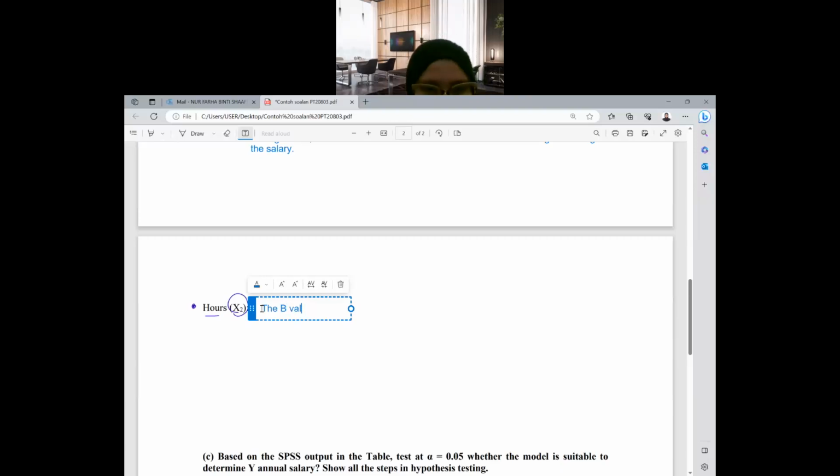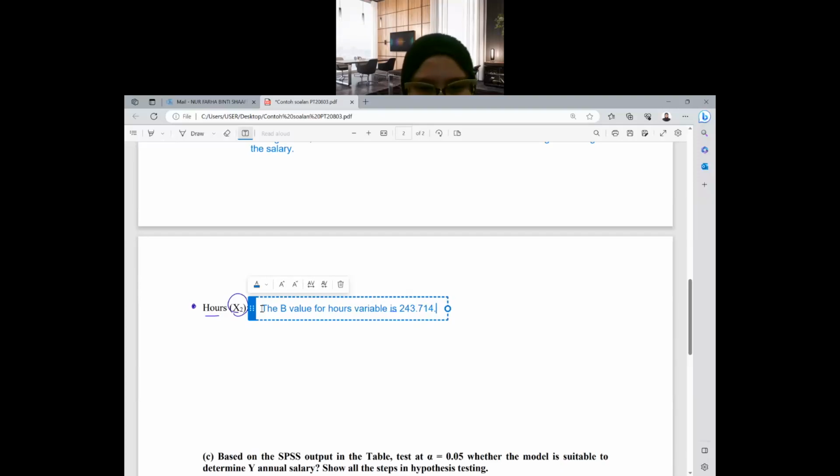B is beta. I cannot do the symbol for beta here. The B value for hours variable is 243.714, if I'm not mistaken.